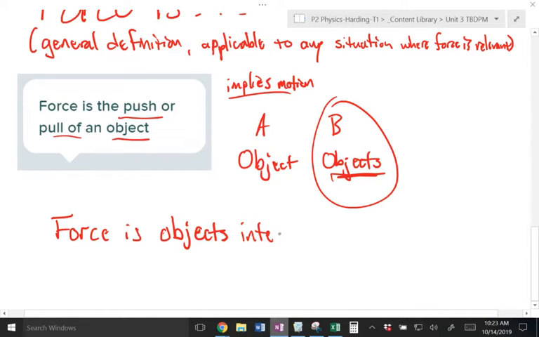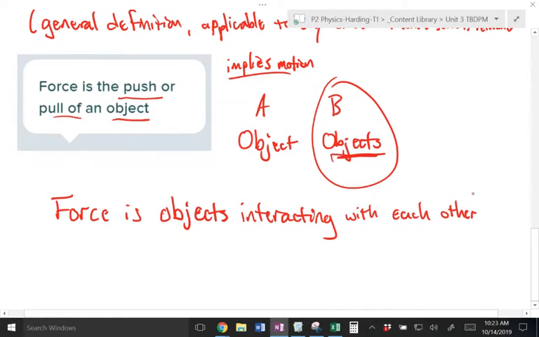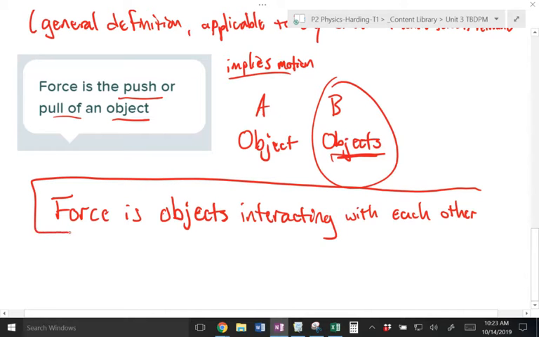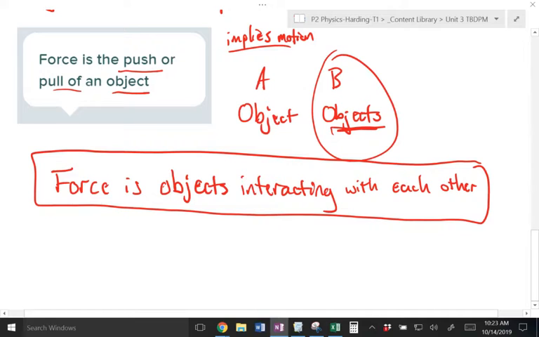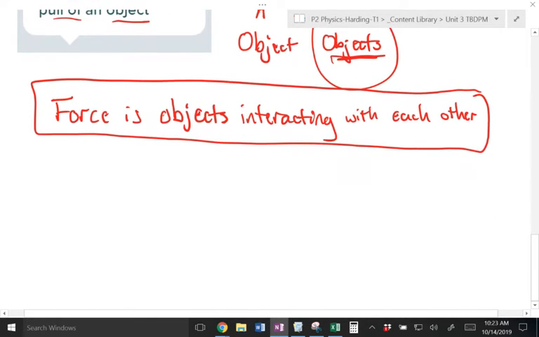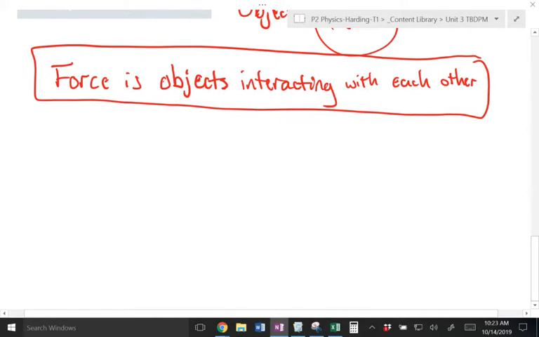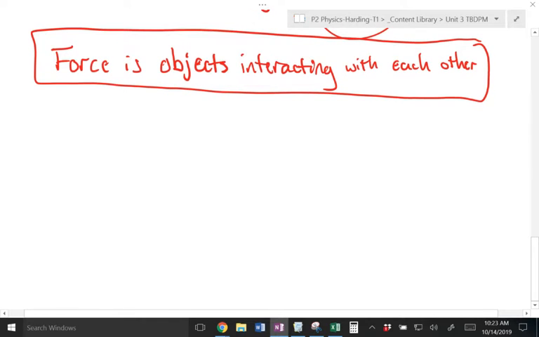Interacting with each other. Okay? So when we're talking about force, for now at least, it's written in this pen. I can erase this. It's kind of like a dry erase marker. When we're talking about force right now, we're talking about objects interacting with each other, or interaction between two objects, okay?